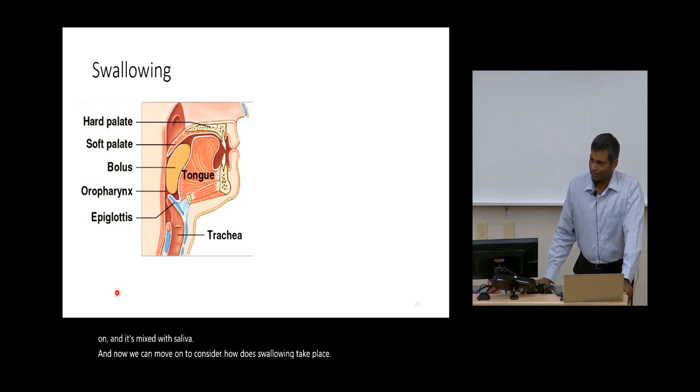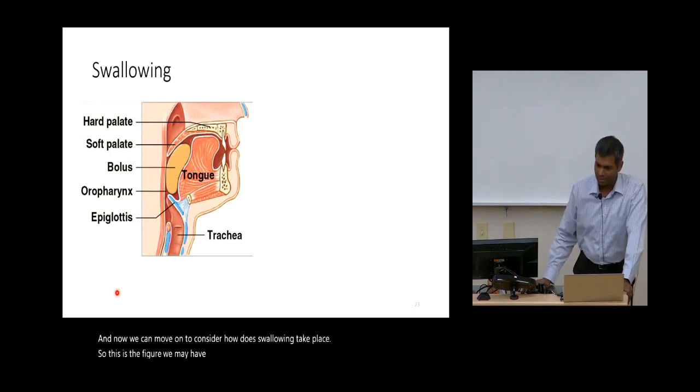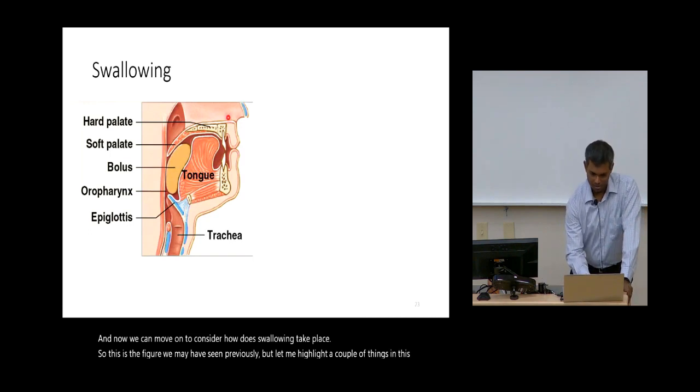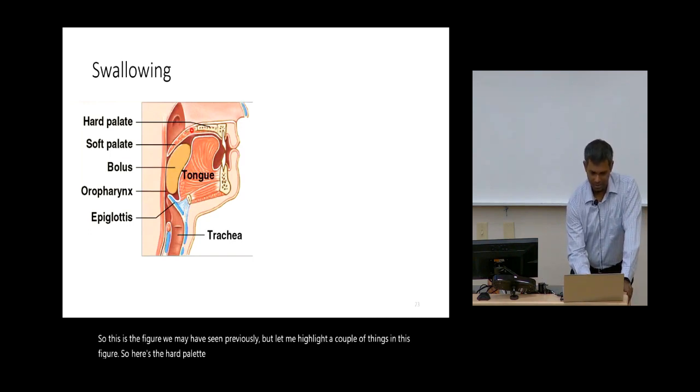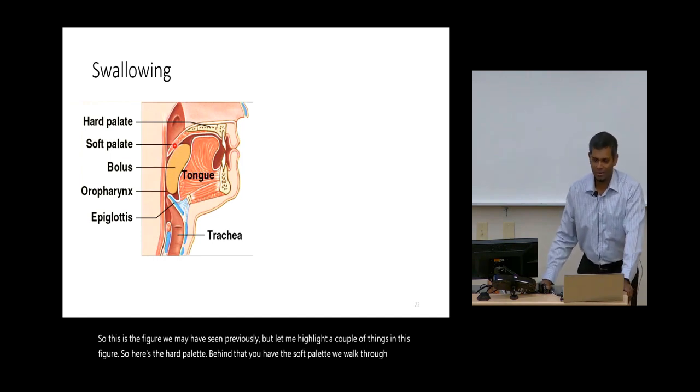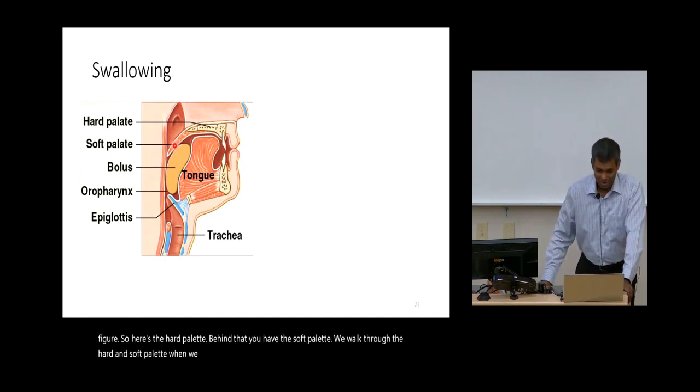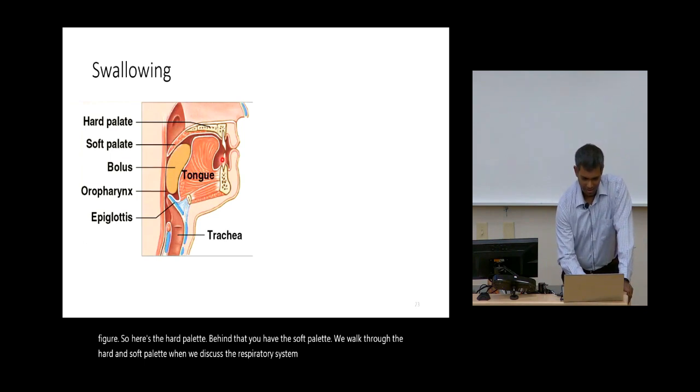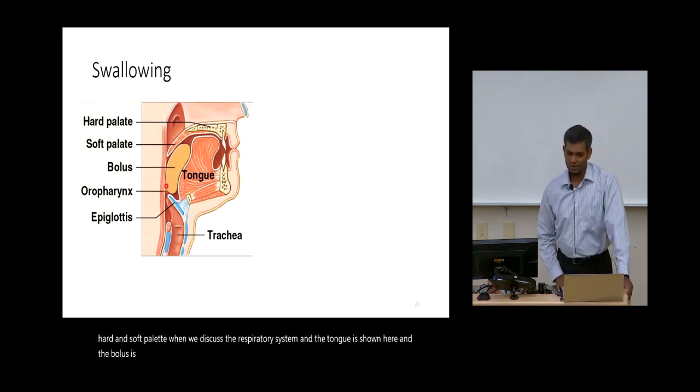So this is a figure we may have seen previously, but let me highlight a couple of things in this figure. So here's the hard palate, and behind that you have the soft palate. We walked through the hard and soft palate when we discussed the respiratory system, and the tongue is shown here and the bolus is in the mouth.